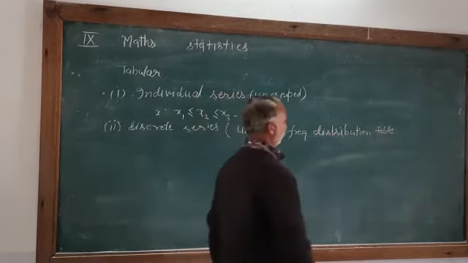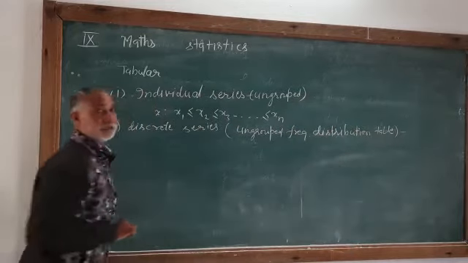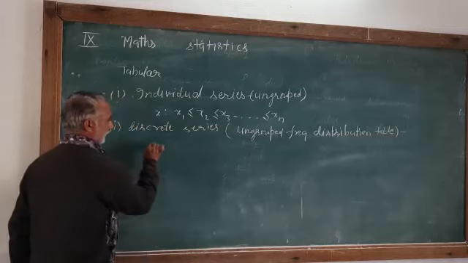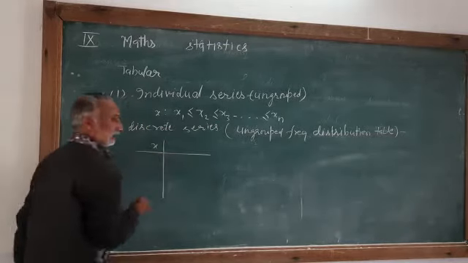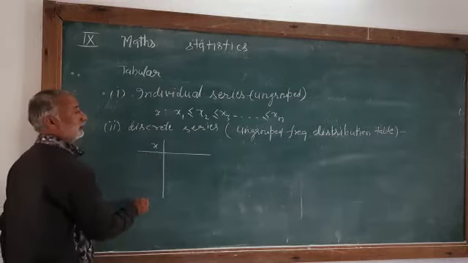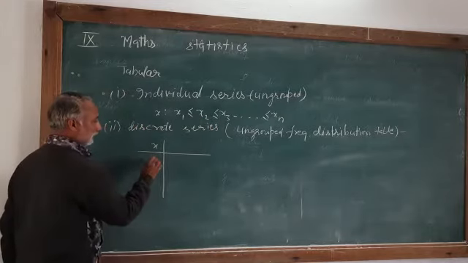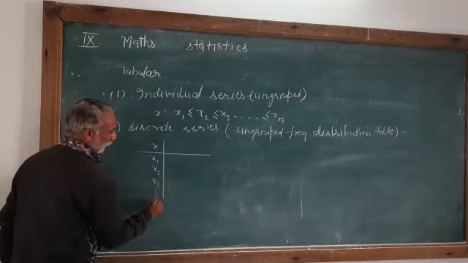In this one, the data are written in one tabular form. Suppose these are the data. Then we make a table X. Here you can write the data in ascending or descending form. Whether the data comes twice or thrice, we have to write it here only one time: x1, x2, x3, and so on.